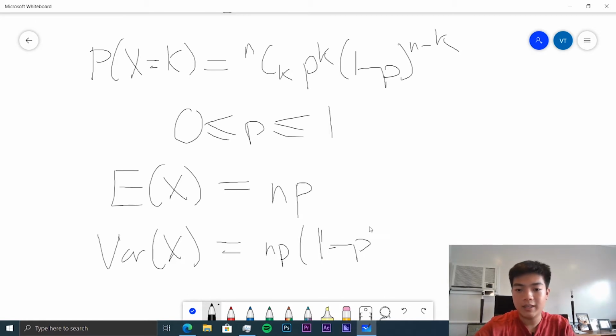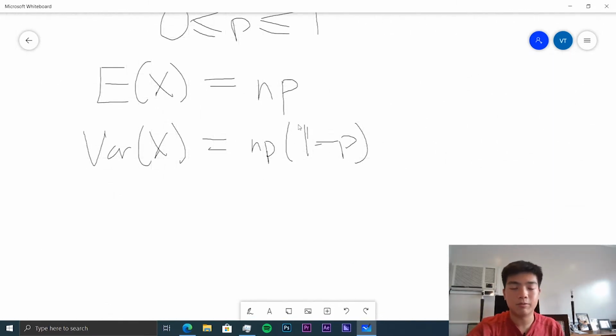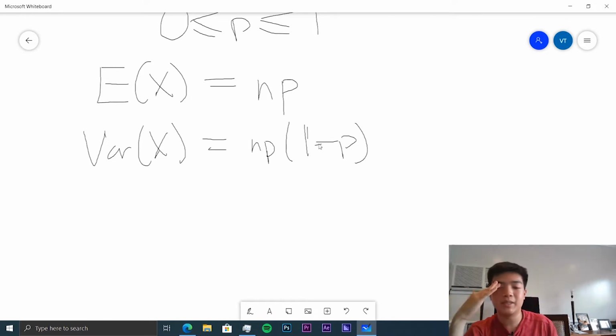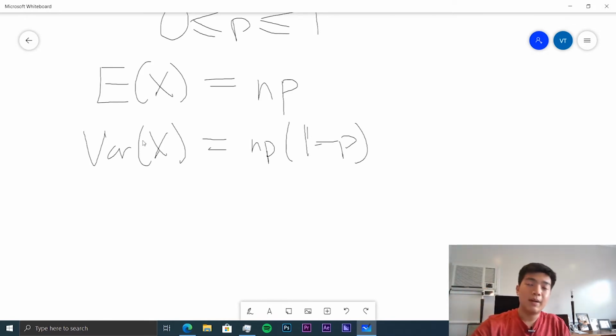This is because it's np minus np squared. Actually, that's not the full method, but we need to know that for a binomial, the variance is equal to the mean times 1 minus the probability.